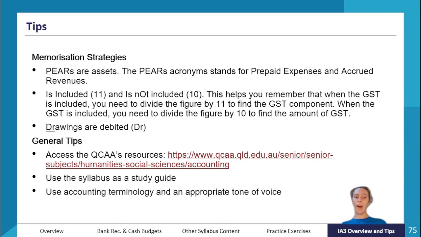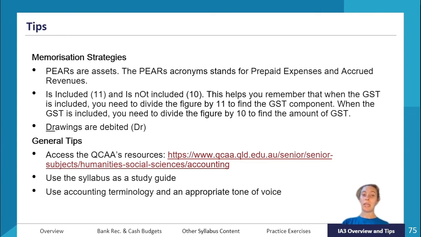And then we have GST, with a strategy to help you remember how to calculate it. If it is included, you divide by 11. If it's not included, you divide by 10 to find the GST component. For example, when you are working with bad debts and you are given a figure that's inclusive of GST, you need to find the GST component and take it out of that figure, because the bad debts figure you put into your financial records should always exclude the GST.